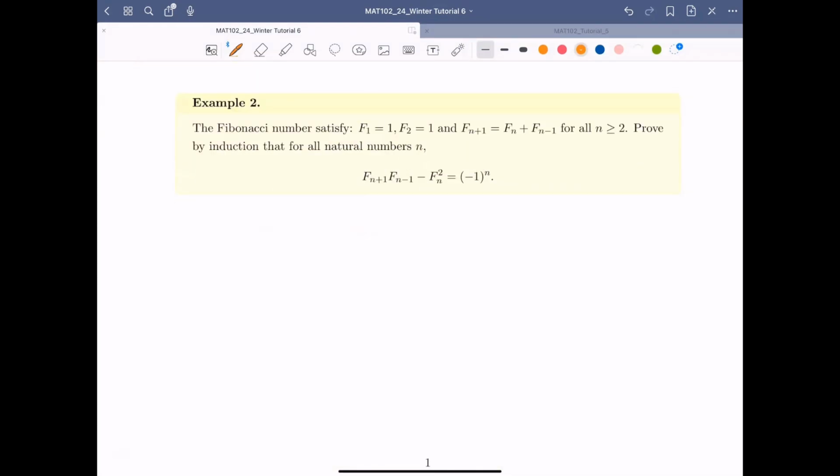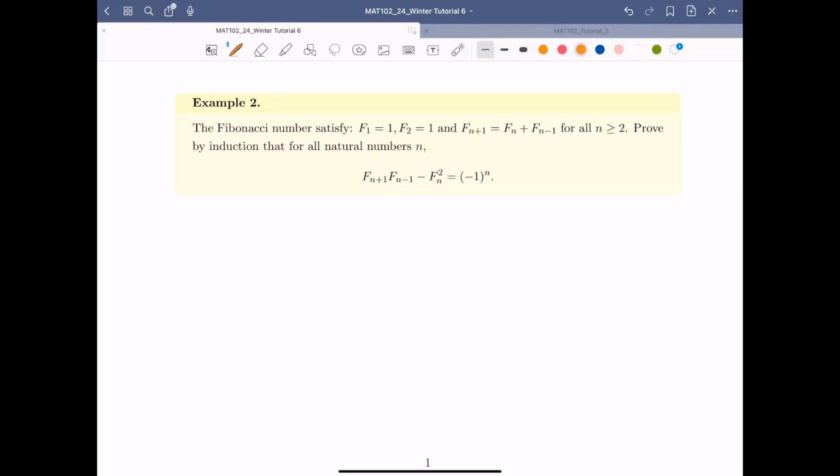Let's talk about one of the most popular topics in induction, which is Fibonacci numbers. Why do I say that? Because this is an all-time favorite for professors to test you on, because there are so many properties.